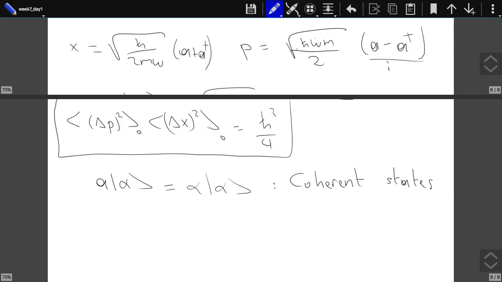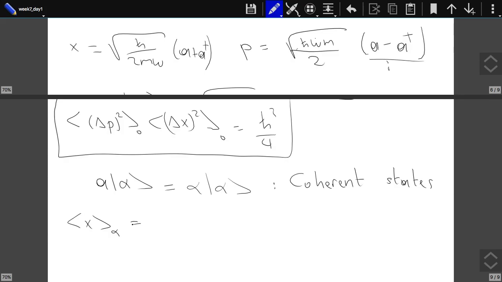Now, first, let's try to calculate what are the expectation values of x and p in these coherent eigenstates. Well, we will write down their explicit expressions, etc., but just by knowing this property would be enough to determine some of its properties. So what's the average of x in this state?